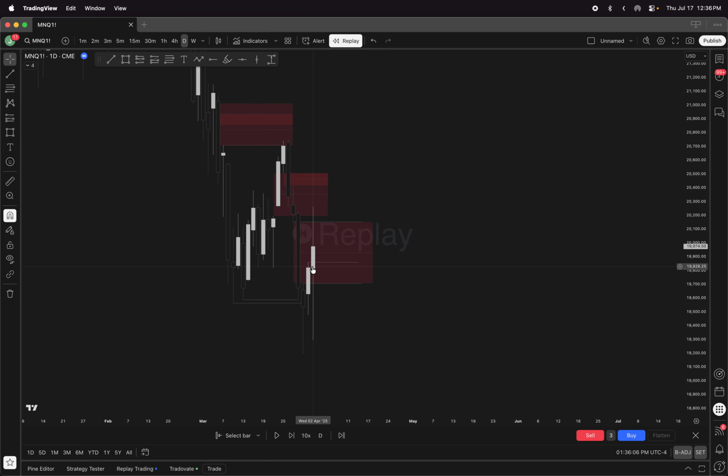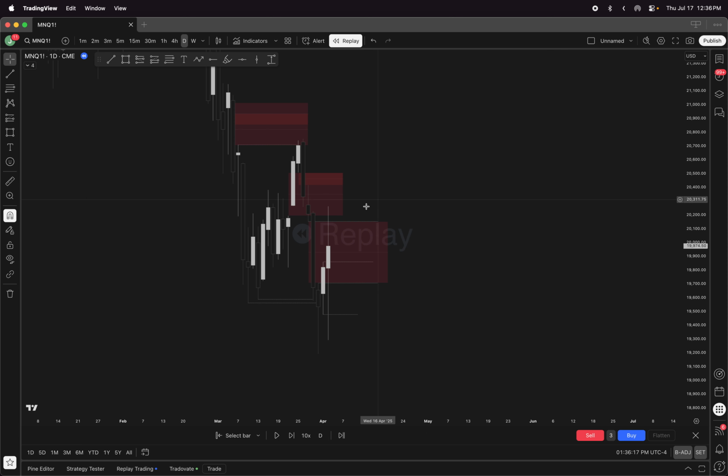Alright, so we were unable to tell which zone got tagged first, if we tagged previous day low and then had a reaction from it, or if we tagged here and then went down and then came back up. Who knows? But just completely off this rejection here, we rejected 2 daily gaps.